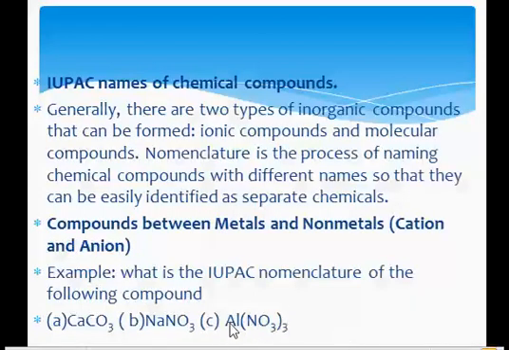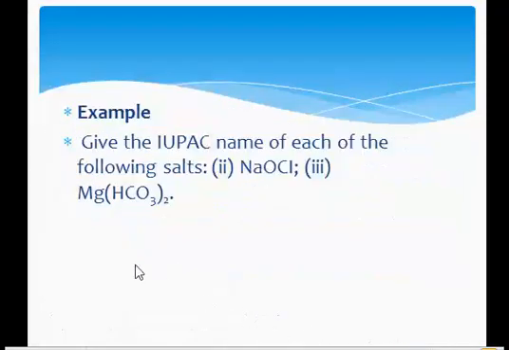You can try this. So let's proceed. I have more examples. Give the IUPAC name of each of the following salts. This is sodium ozochlorate, then the oxidation number of chlorine in this compound.